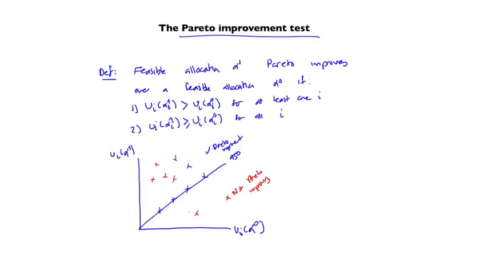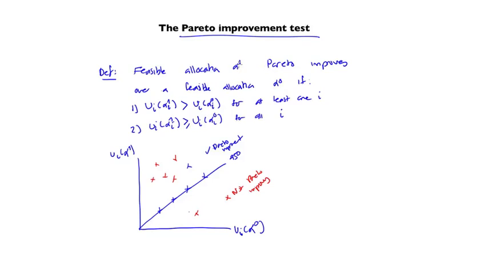Let me make several remarks about this notion. Remark number one, you should think of this as a test, a detector of inefficiency. The idea is that we start with an allocation alpha 0. We want to check whether it is efficient, so we run this Pareto improvement test with other allocations to see if we can detect an inefficiency.